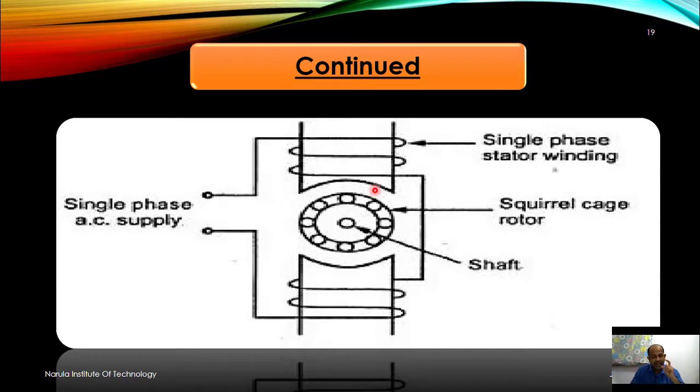So as it covers only 2/3 of the stator periphery, for the same size, the output power is lesser in a single phase induction motor than in a three-phase induction motor, right? So now we will discuss a little bit about the working principle, or why it is not self-starting, although we have discussed so many topics regarding why it is not a self-starting motor.